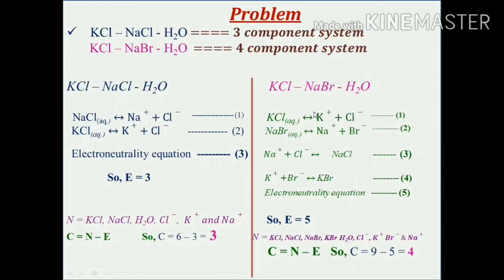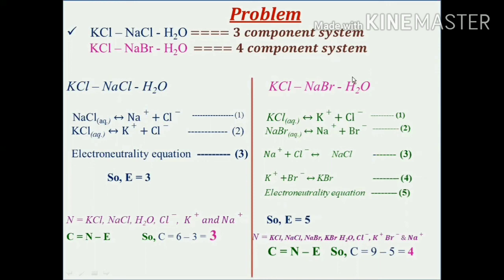Now I check the potassium ion, which is in my system, and also bromide ions are floating in my system. Why? Because they have been formed by the dissociation of NaBr, right? So K+ can combine with Br-, and when they combine, they will give me another product, that is KBr. Is KBr present in my system initially? No. This is what I need to check.